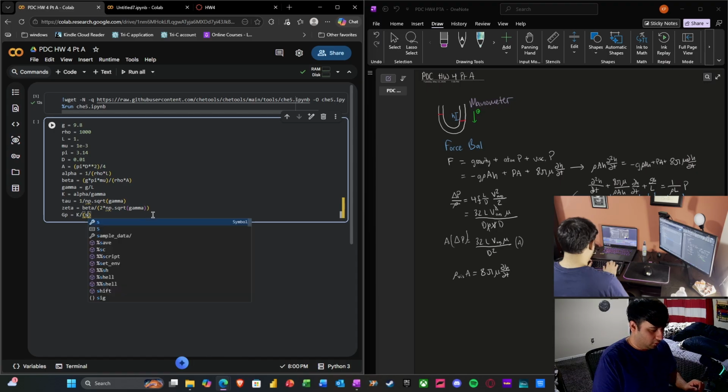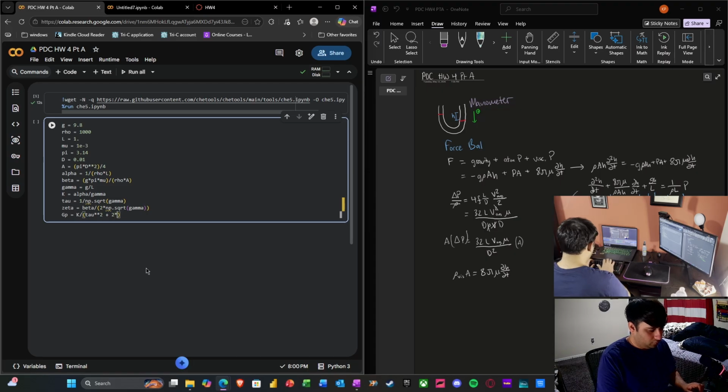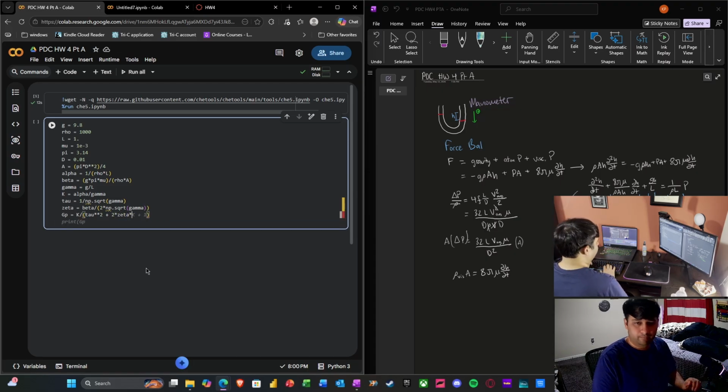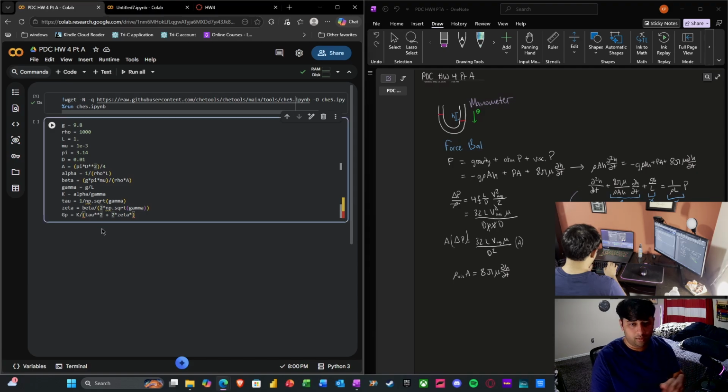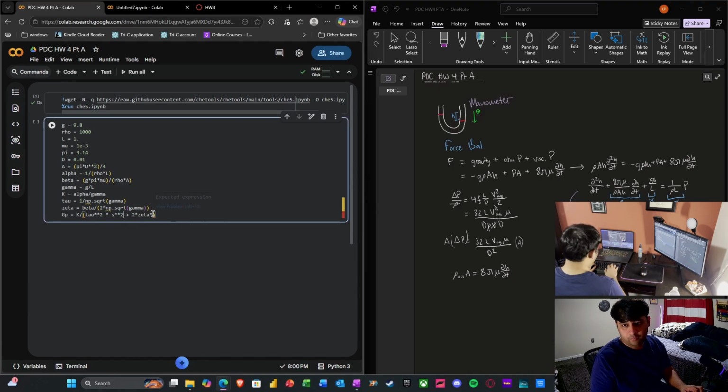So if we do tau squared plus 2 times zeta times, I believe, this will be multiplied by s squared, multiplied by tau, plus 1.